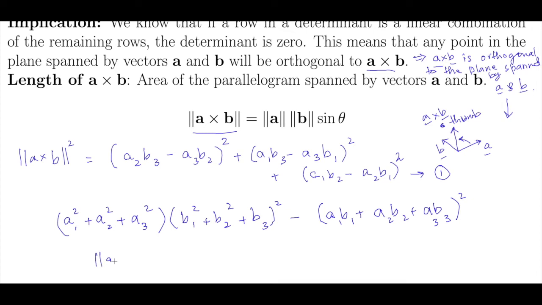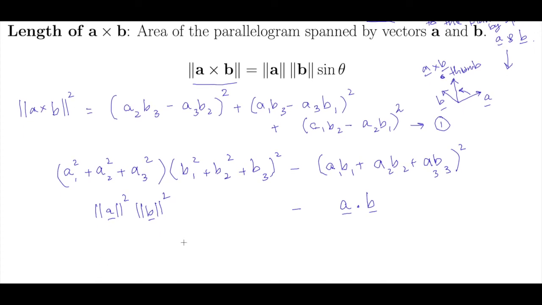This is the length of A squared, this is the length of B squared, and this is the dot product of A and B. Okay, so I can say the dot product of A and B then squared.